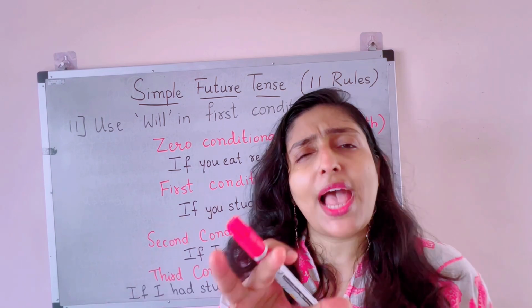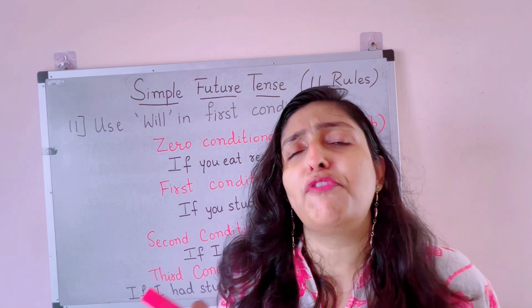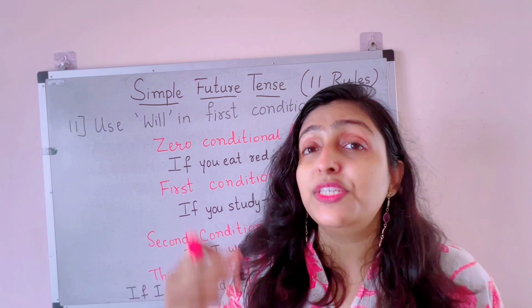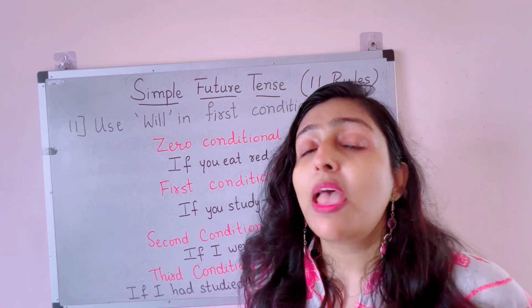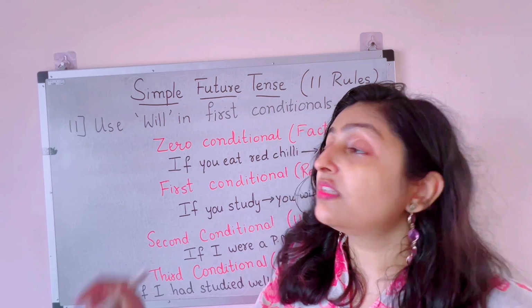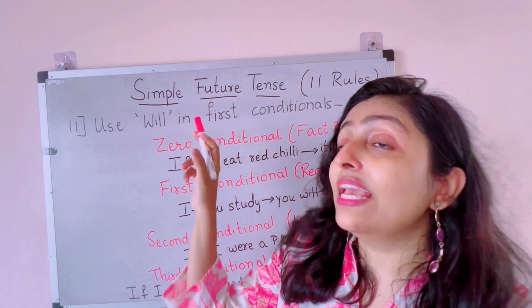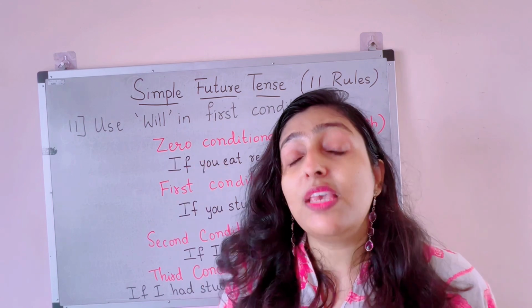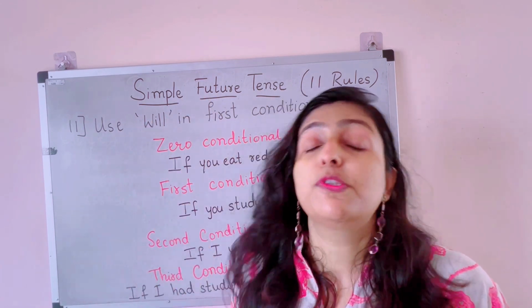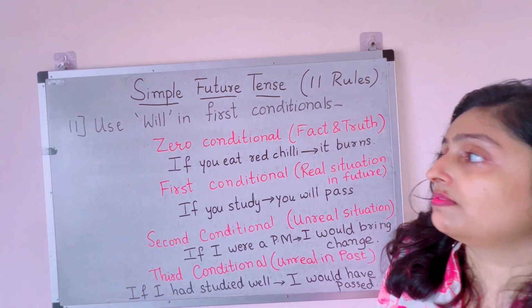So I thought I could give you a brief and concise idea about the types of conditional sentences. But our rule says you have to use will in first conditional sentences. So let's see what are the four different types of conditional sentences.